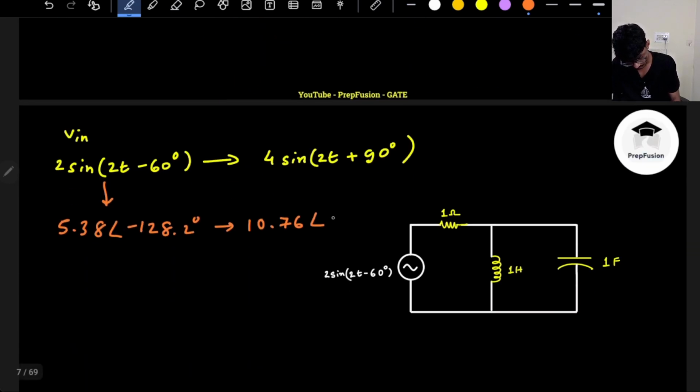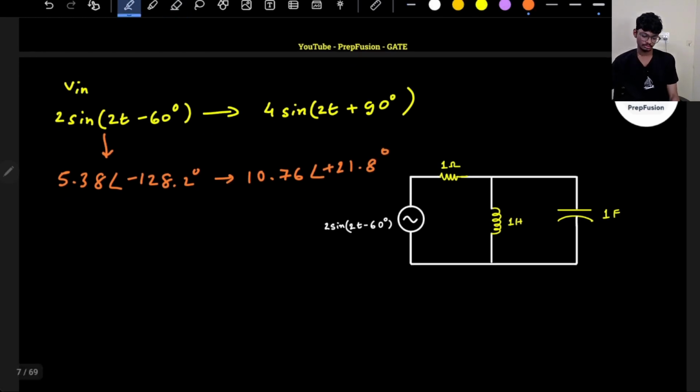So this will be plus 150, giving angle 21.8 degrees. So this will be the answer.